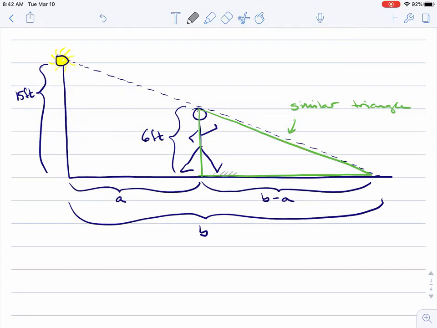And so the shadow, let's say, is somewhere all the way along here.